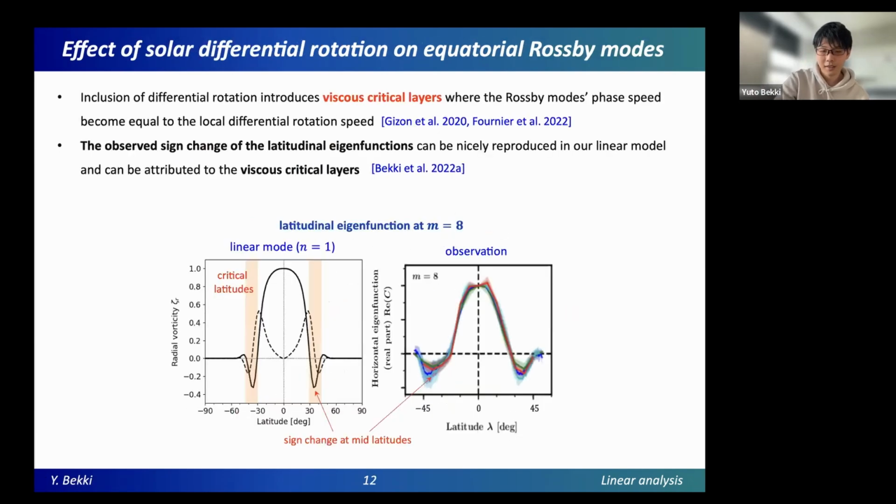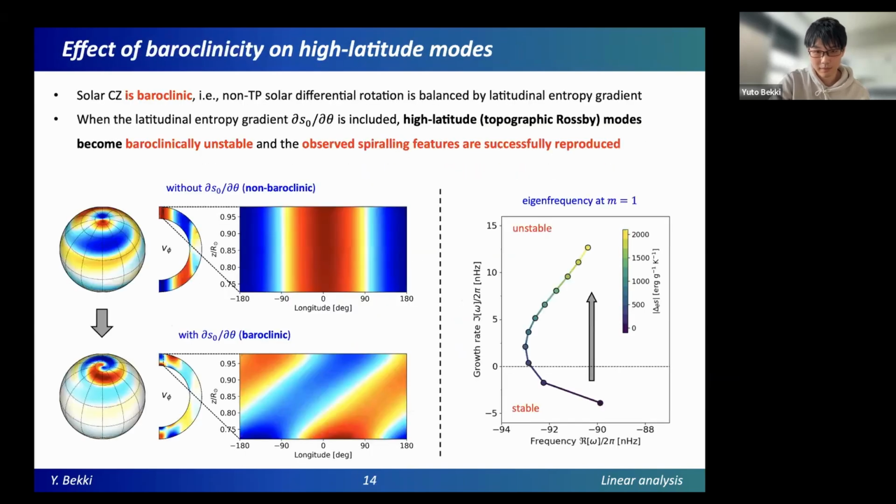But as mentioned, we don't know the exact values of turbulent viscosity in the sun and its radial profile.